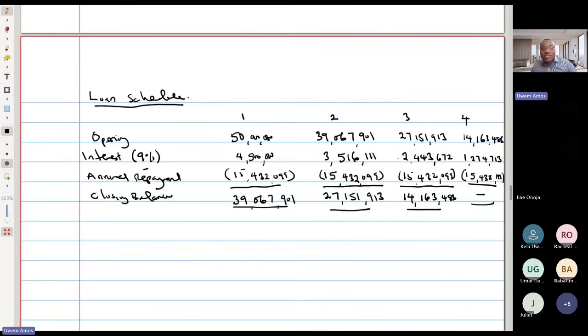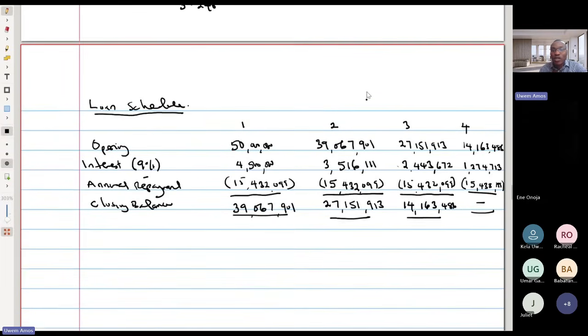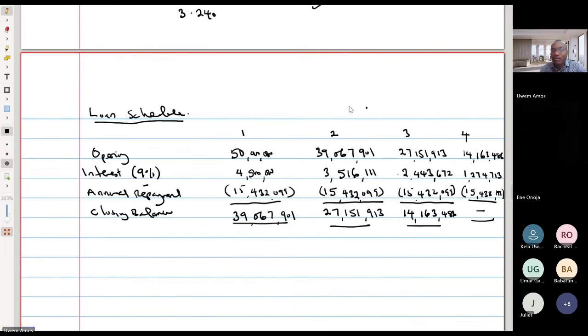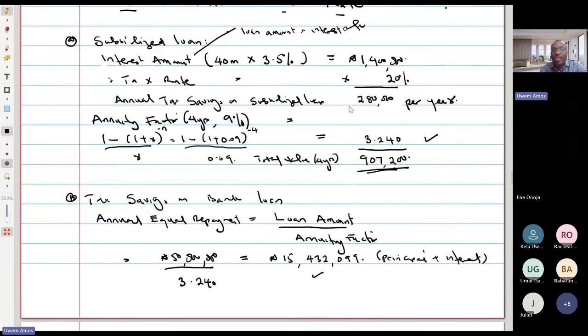Any questions on the loan schedule, guys? Just a quick recap. Maybe someone will help us recap it so that I don't have to say it myself again. We have 2 loans. In one of the loans, we did a loan schedule. In the first one, we didn't do a loan schedule; we just multiplied the loan amount by the interest rate.